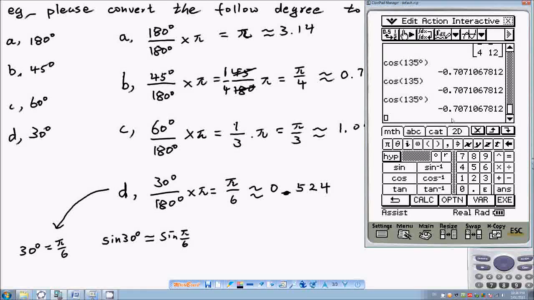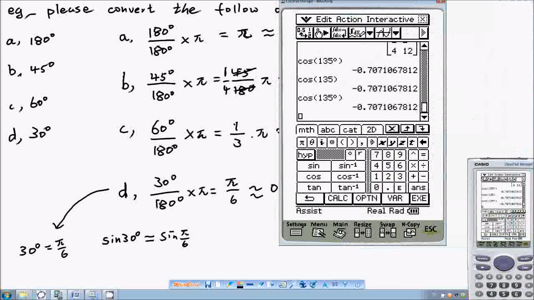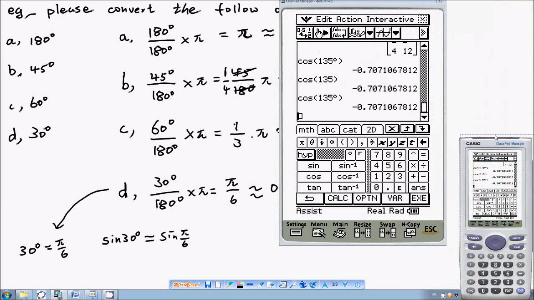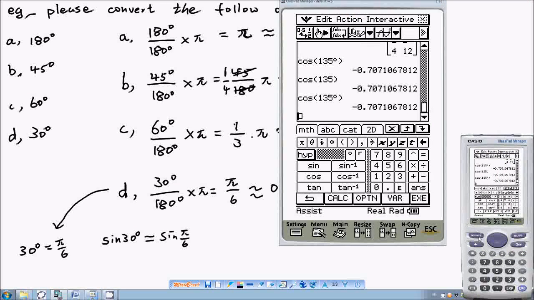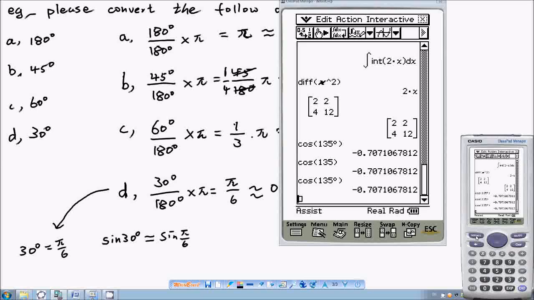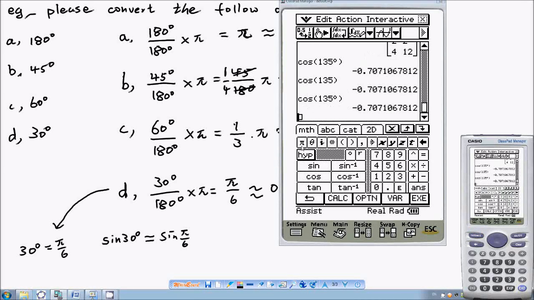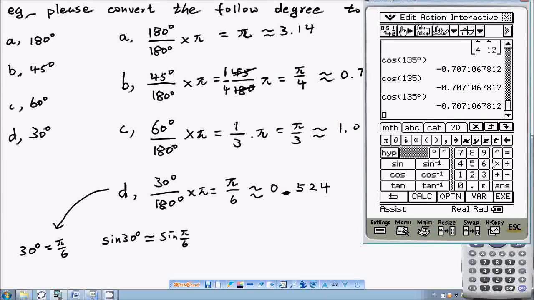It's much easier. Say I want to find the value of sine. How to do that: on your keypad you will have a keyboard button. If you click it, you will have a keyboard on your screen, and we use that keyboard to do questions.